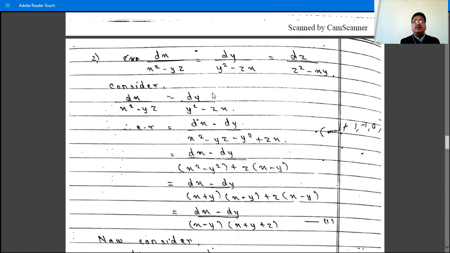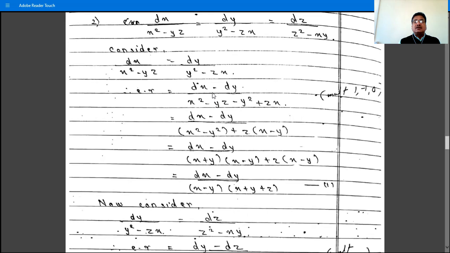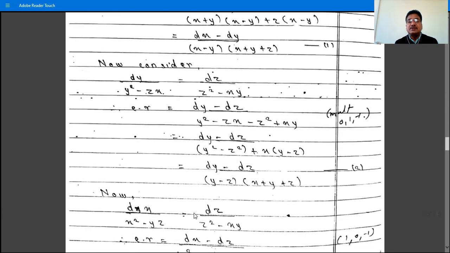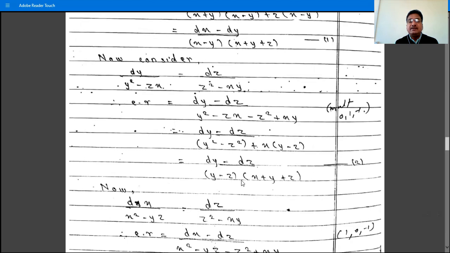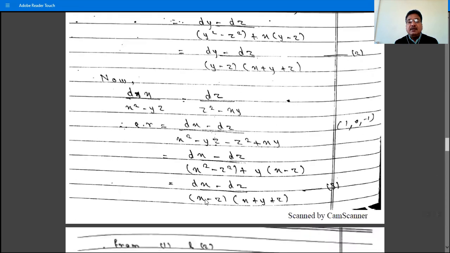In problem number 2, consider the first two ratios, or another method is to choose multipliers 1, minus 1, 0. So both methods are applicable for this example. Each ratio is equal to dx minus dy, and so we have this, and each ratio is equal to dy minus dz, and each ratio is equal to dx minus dz.